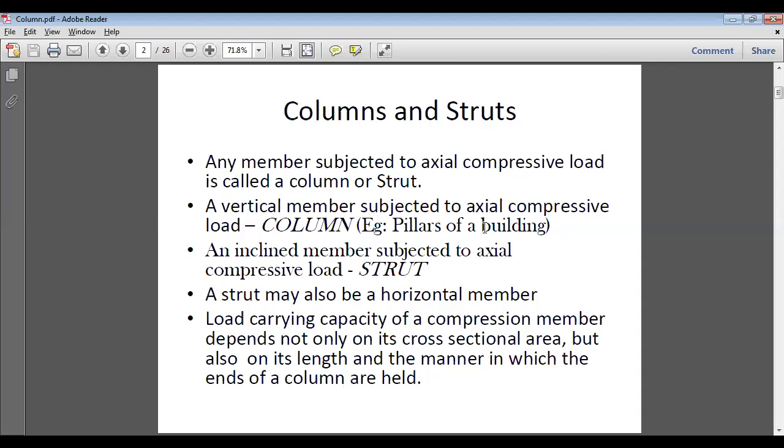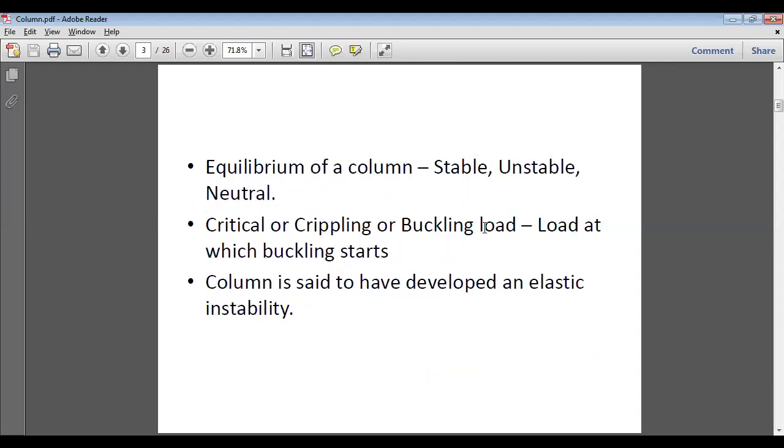So, the equilibrium of a column: stable, unstable, and neutral. These are three types of equilibrium. We'll be discussing them one by one. Stable means that all forces neutralize each other and there is no net force disturbing the stability of the column.